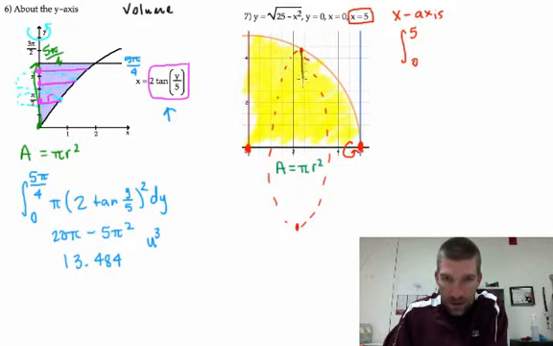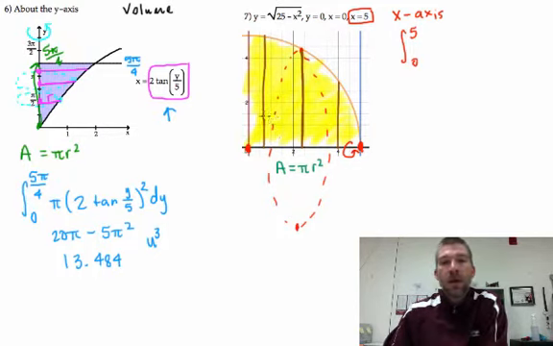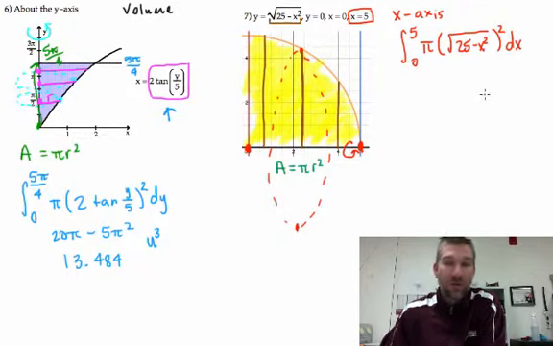I just need to know how far from my axis of rotation, which in this case is the x-axis, to a point on the curve. And that is all being determined by this equation right here, the square root of 25 minus x squared. So plug it in. Pi times radius squared, square root of 25 minus x squared. This is actually going to be a really easy integration because we are squaring our square root, which makes this problem a lot easier to work with, okay?